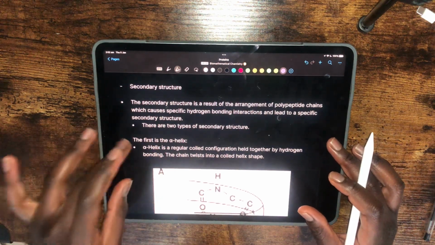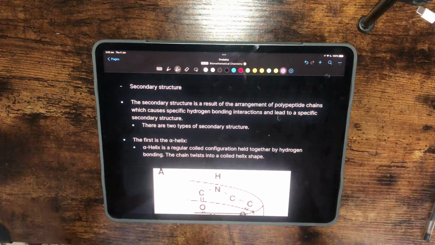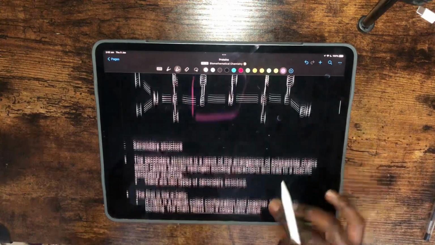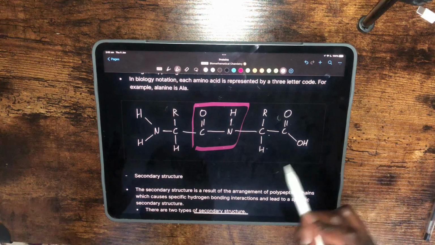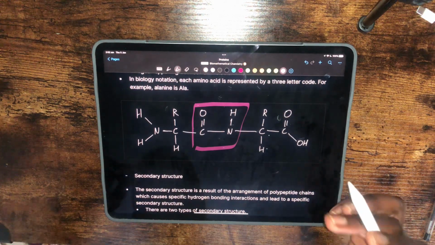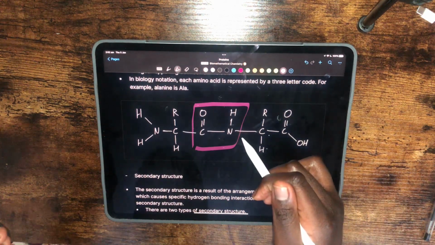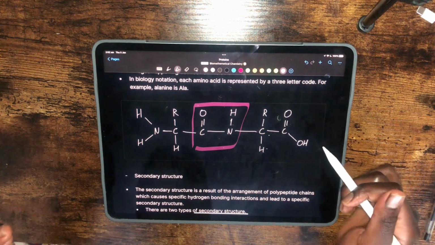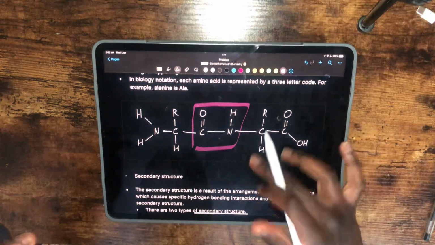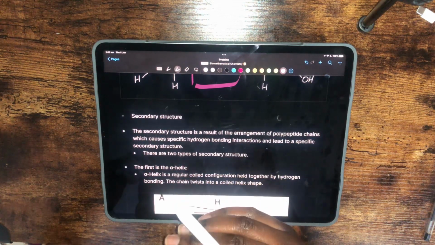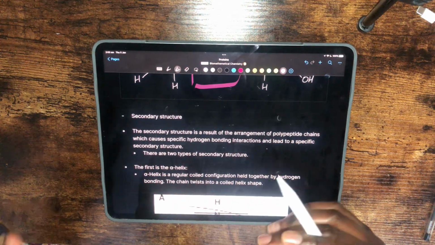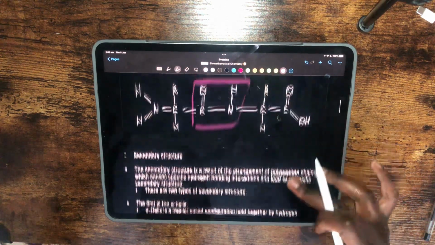I'll get back to that first, but the most important part when you start talking about the secondary structure is that you still have your primary structure, but now there's hydrogen bonding. There are two types of secondary structures, which I will go through.